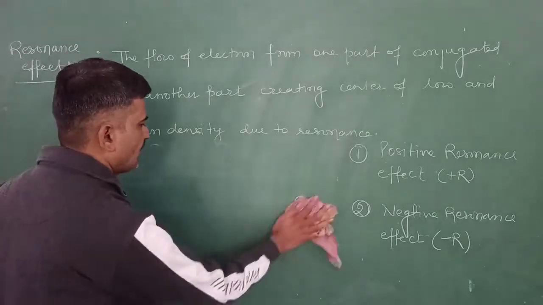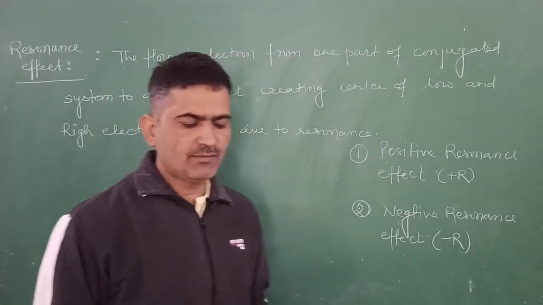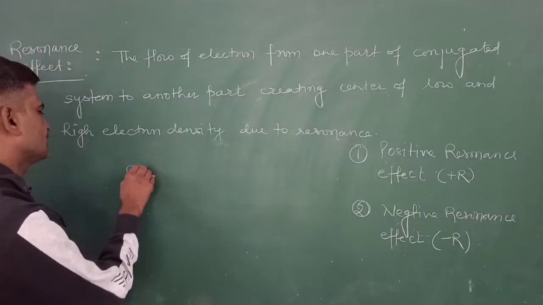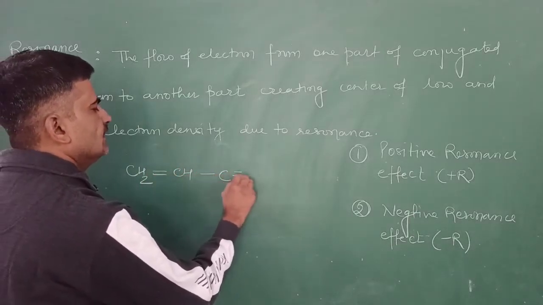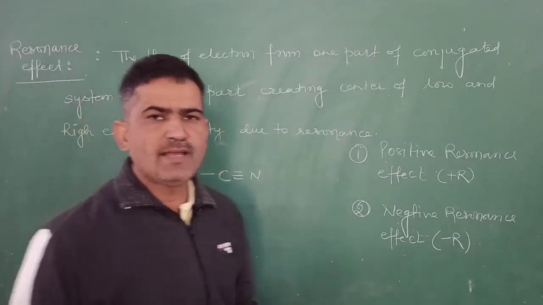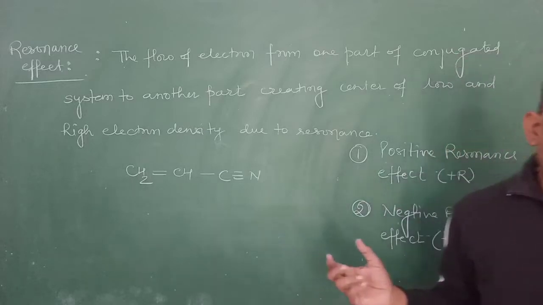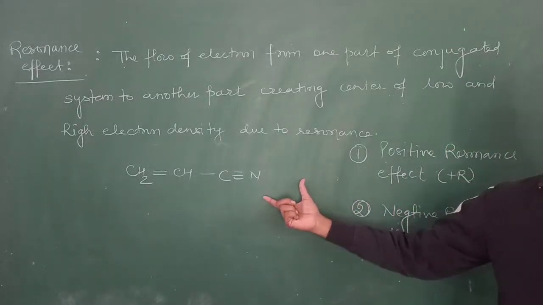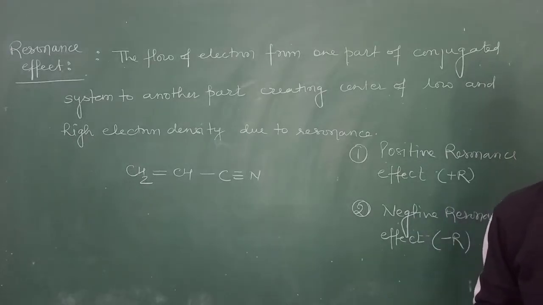We take the example of the negative resonance effect. In that we will take a conjugated system just like this, and the negative resonance effect is shown by electron withdrawing groups, just like nitro group, nitrile group, and carbonyl group, aldehyde groups.